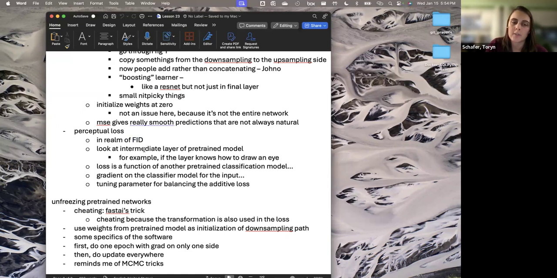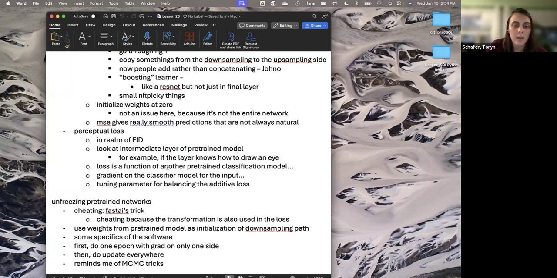This was an interesting idea where the perceptual loss says, let's look at a layer of our current model that we're fitting compared to a layer of the same dimension from a pre-trained model, for example our classification model, and see how far those are from each other.